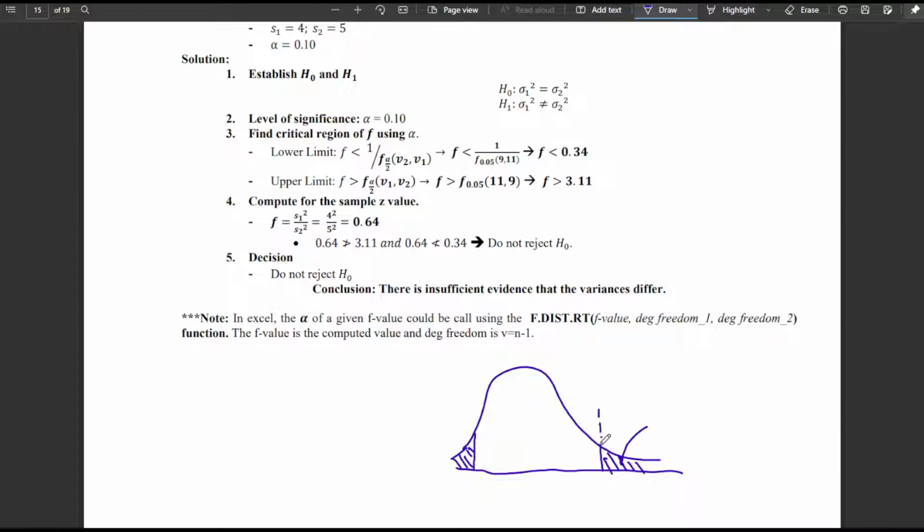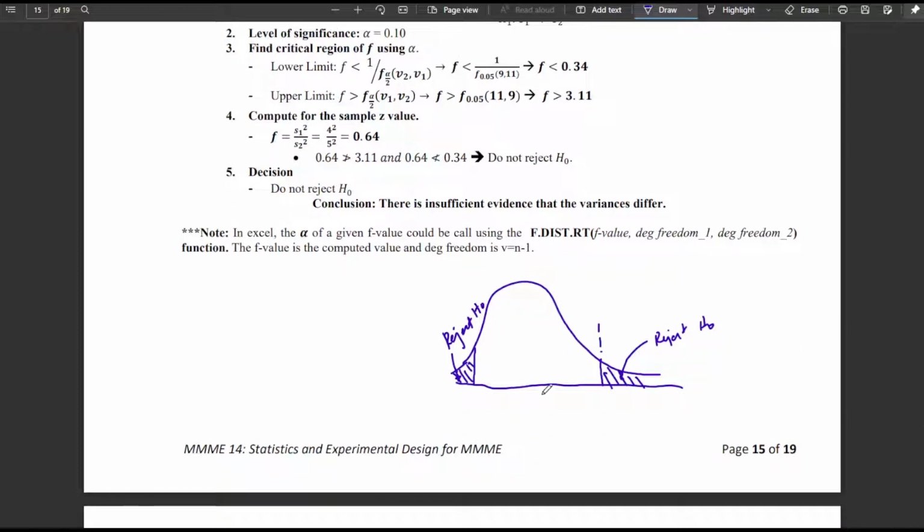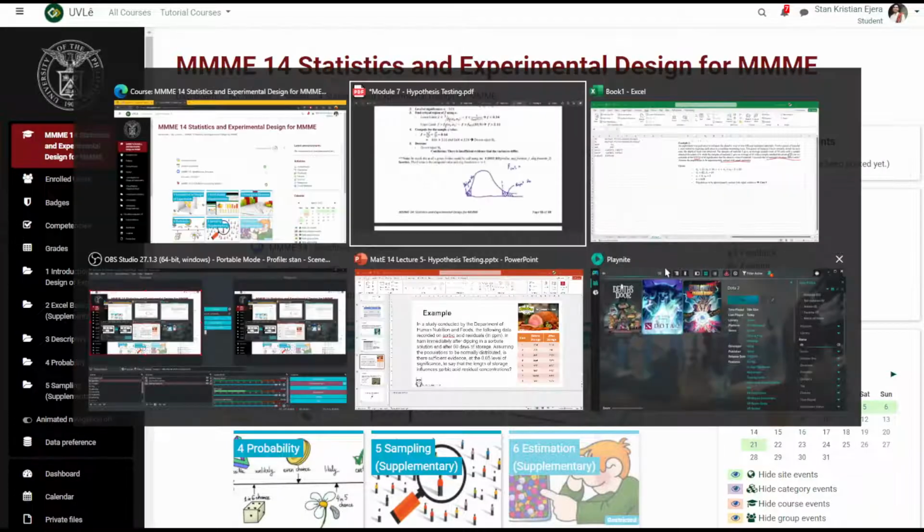Itong limit na to, pwede siyang lumagpas dyan, pumunta siya dito, reject H naught, or pwede rin na lumagpas siya dito, okay, reject H naught dito, kung yung F value mo is less than 1, no? So pwede ganyan. Pero once you do a p-value approach, you will always lean towards one way or the other, no? So kunwari, if you do a p-value approach for this particular problem, your F value calculated is equal to 0.64. 64 nga ba yun?